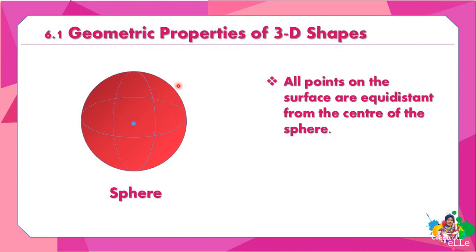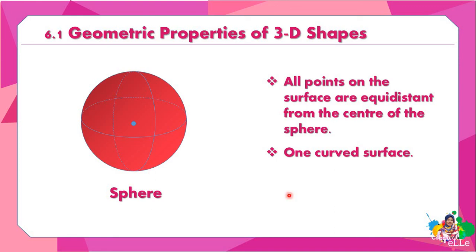And all points on the sphere are equidistant from this center. Alright, and sphere has one curved surface. The sphere does not have flat surface.